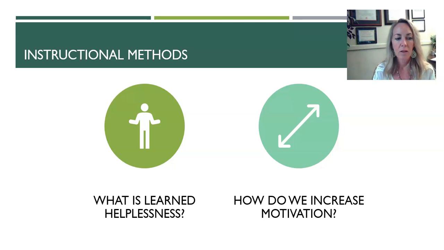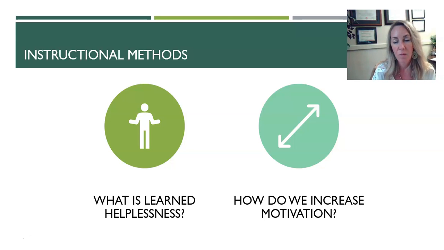And so I've already talked about learned helplessness. Do you remember what that is? How it occurs? Essentially, learned helplessness is just repeated failure for a student, particularly students with intellectual disabilities who need more time to develop and to learn and to remember information and then to be able to synthesize and use what they've learned in various environments.